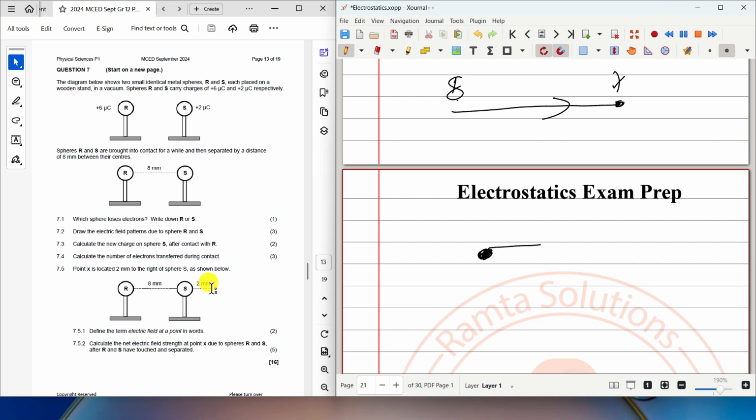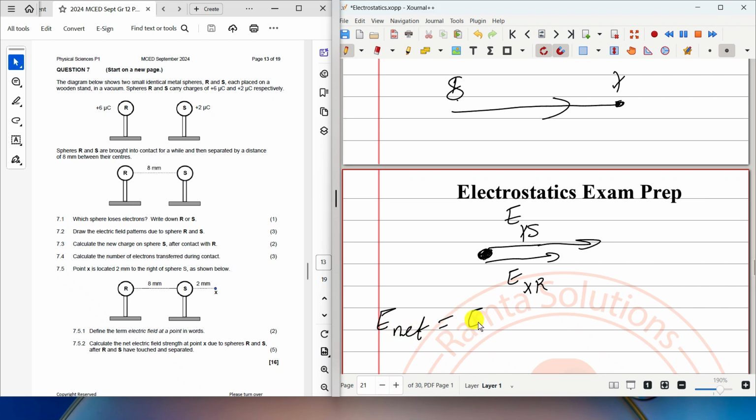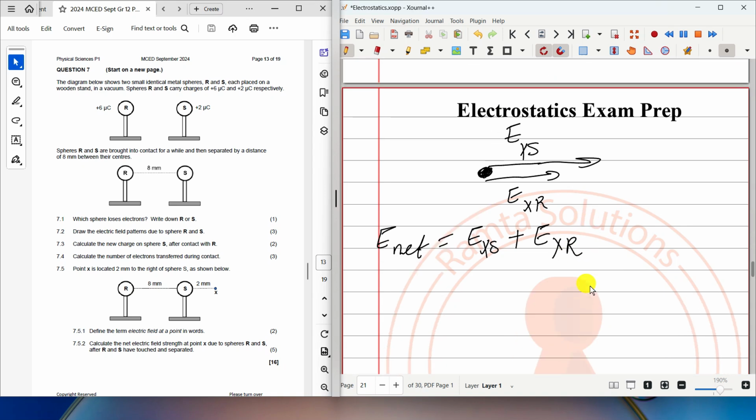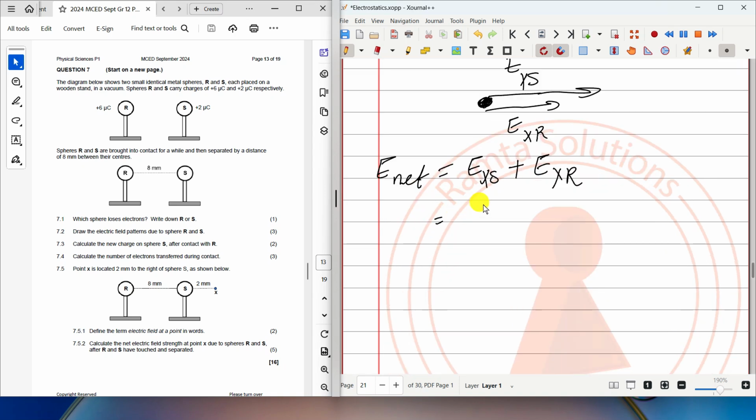The one with a shorter distance is S. So shorter will be greater. Now E net will then become, as you can see, they are in the same direction, E of S plus E of R.